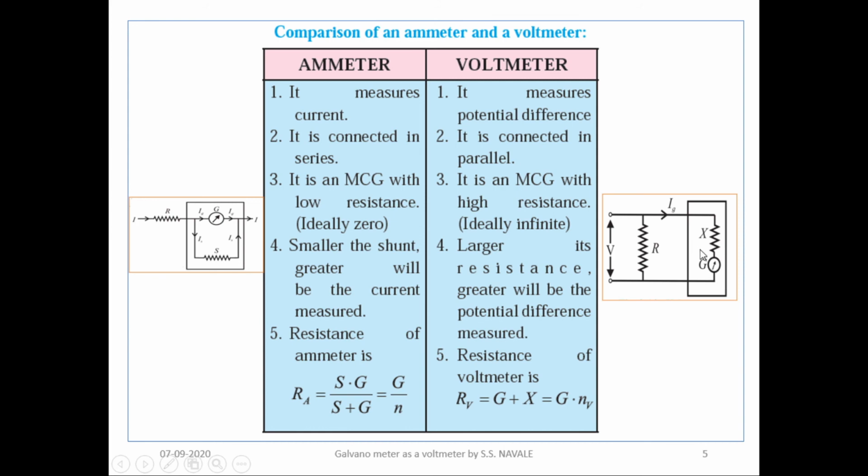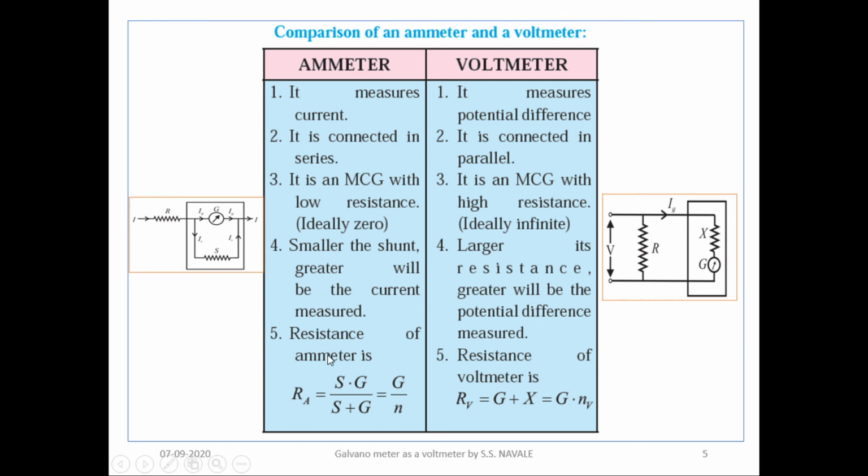So this voltmeter is a moving coil galvanometer with high resistance, and ideally it should be infinite. The smaller the shunt, the greater the current measured, and the larger its resistance, the greater the potential measured.